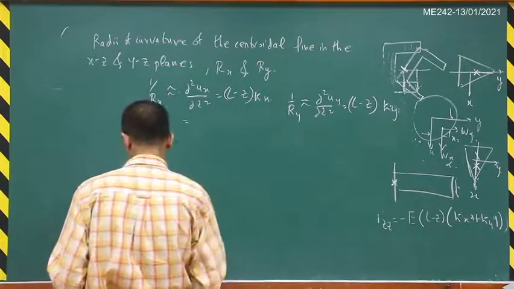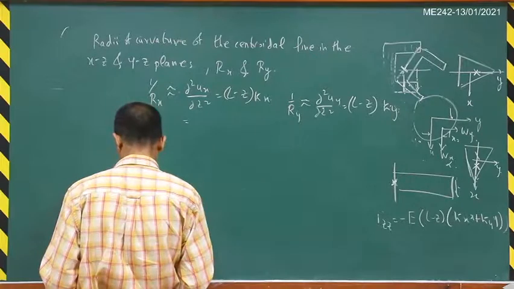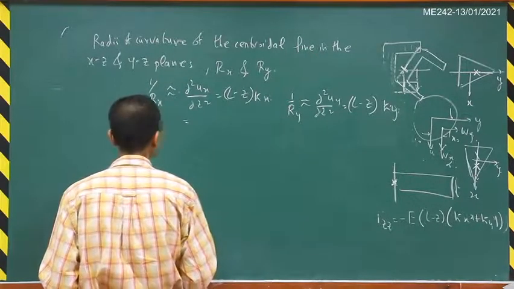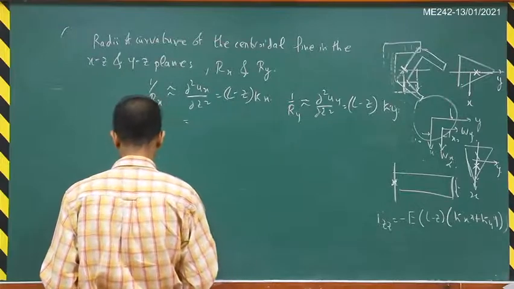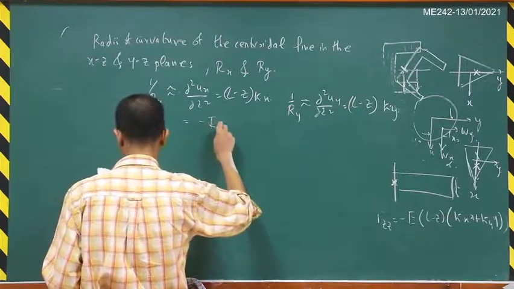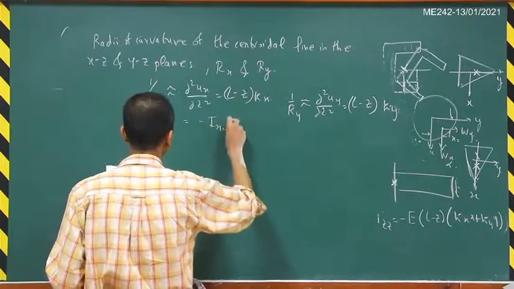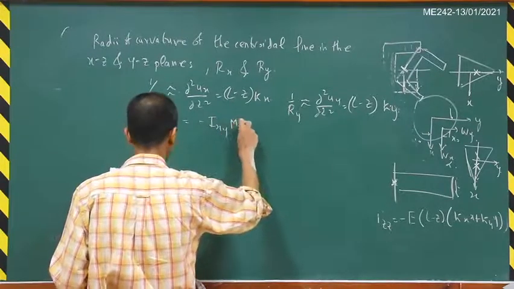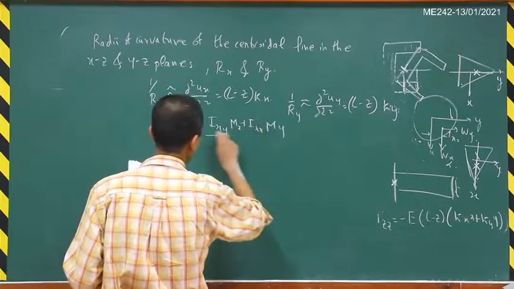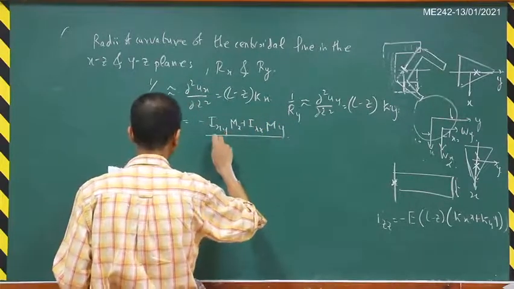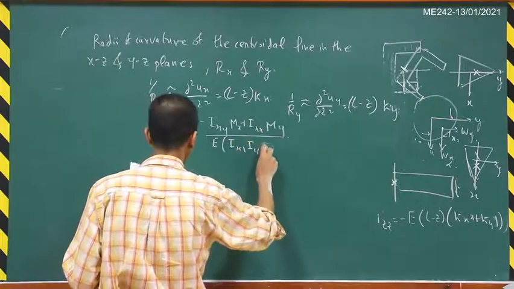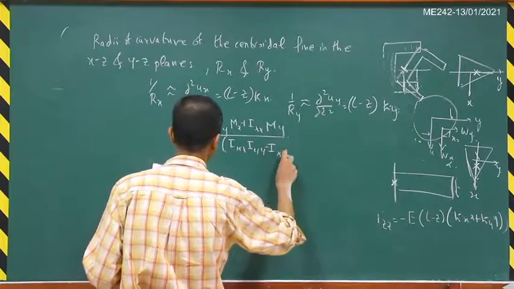Yeah, so if you substitute for this kappa x, del square Ux by del Z square, you will get minus Ixy times Mx plus Ixx times My divided by E times Ixx Iyy minus Ixy square.